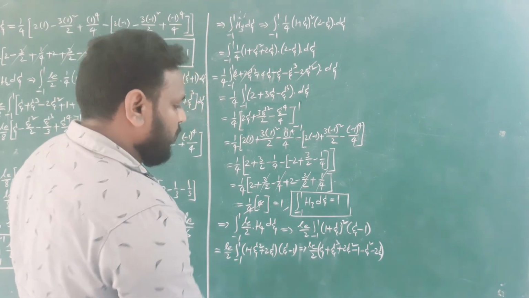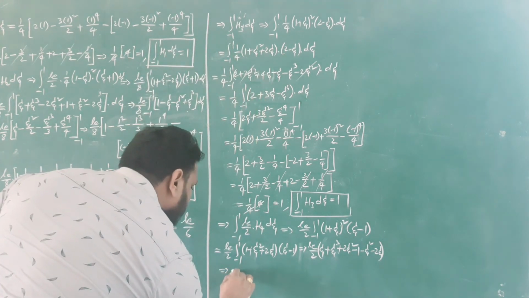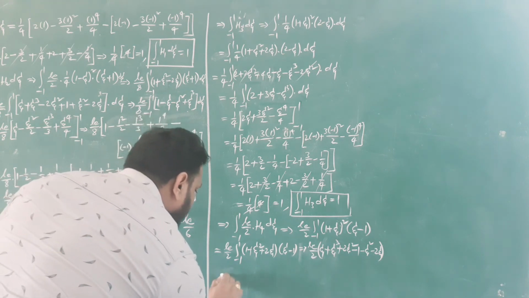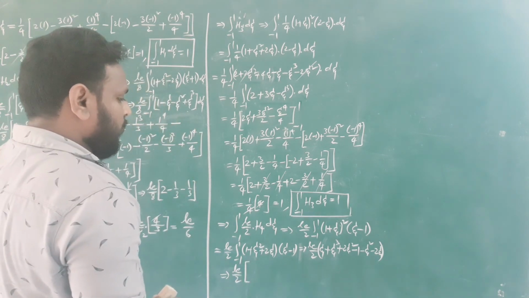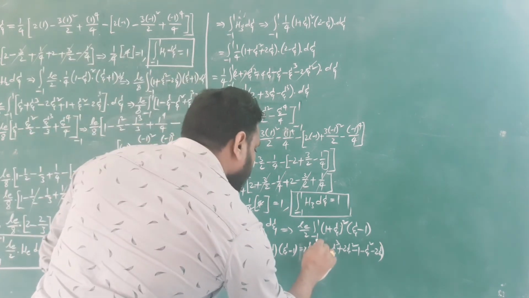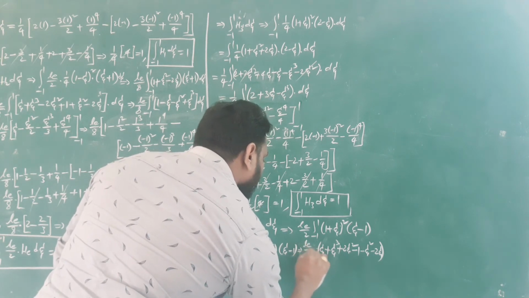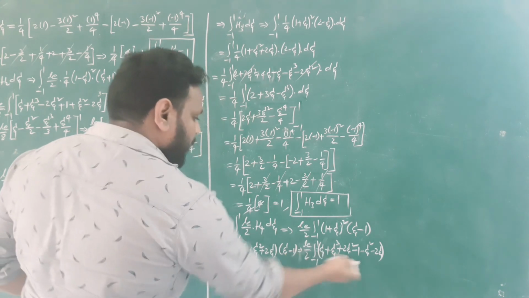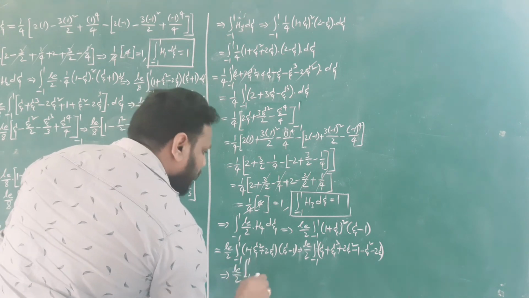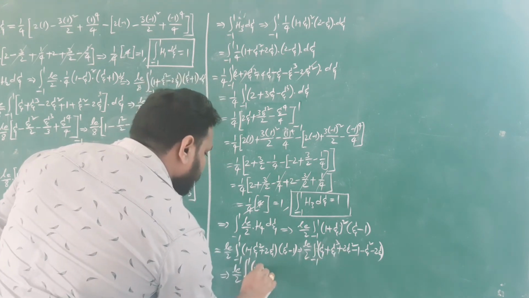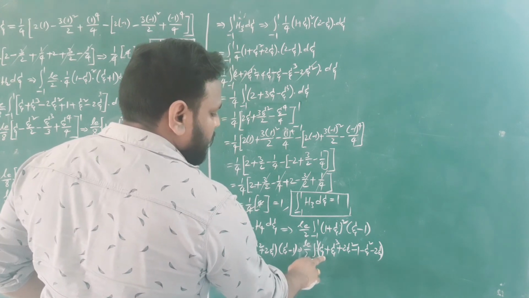Now here 1j is there, here 2j, here minus 1, so I will write here le by 2 into the integral from minus 1 to 1 of: minus 1 as some constant, and j is here 2j, here only 1j, so subtract.